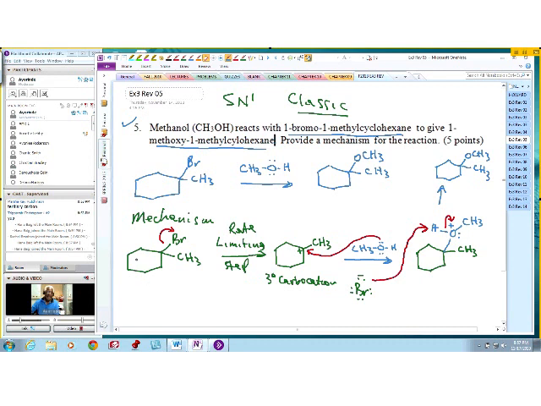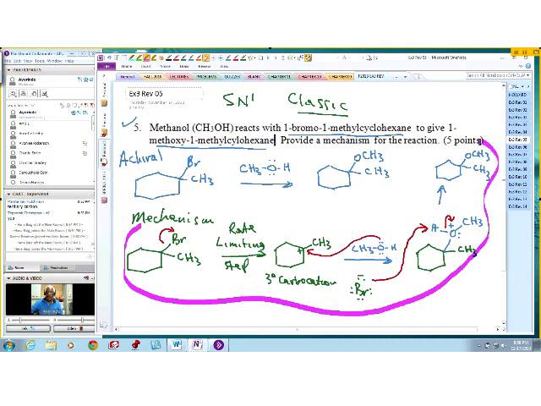In this particular reaction, there is no need to show stereochemistry because we are not starting with a chiral molecule. This is an achiral molecule. So anyway, what I've shown you here is the reaction mechanism.